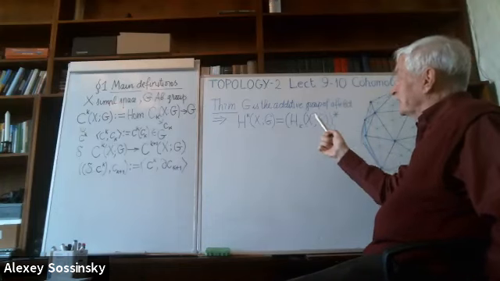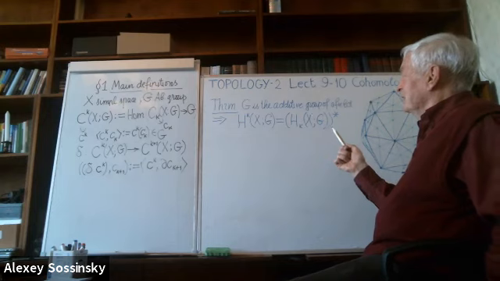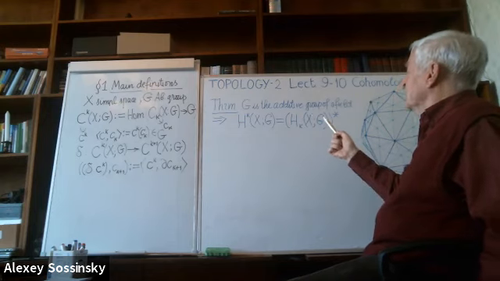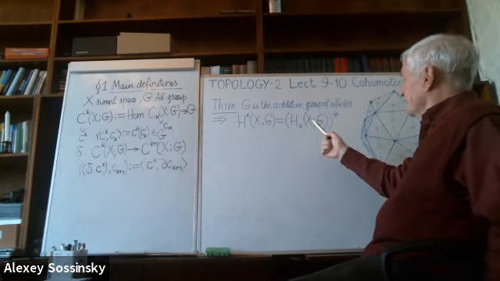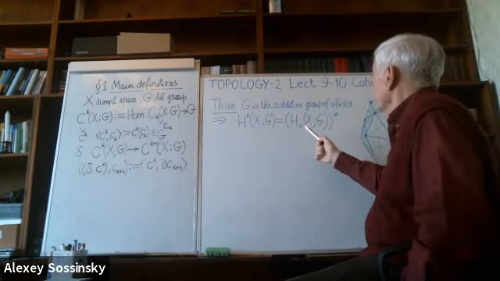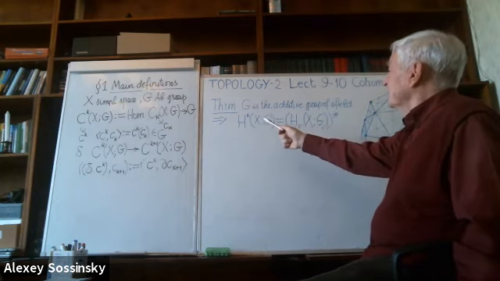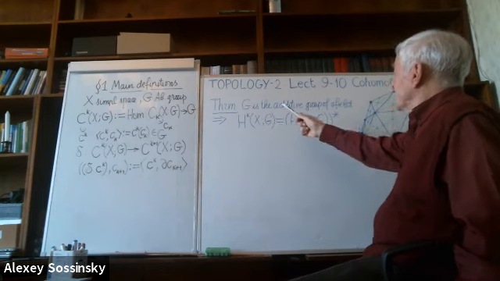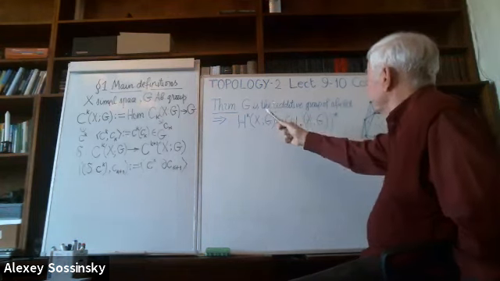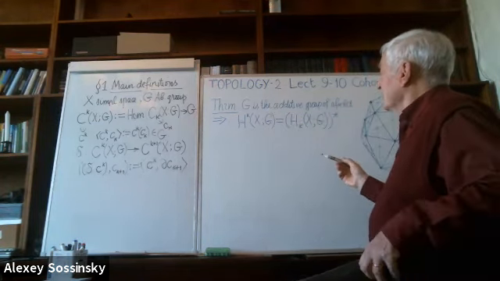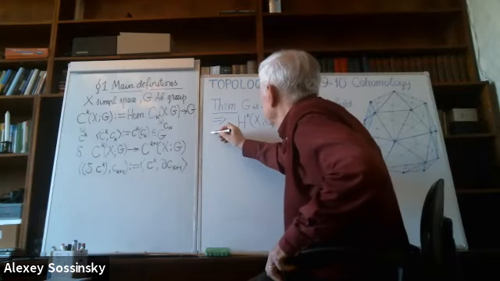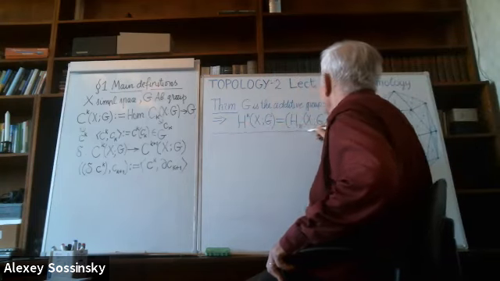This is not really a theorem. This is just a restatement of the definition of the cohomology group in the case when G is an additive group of a field.